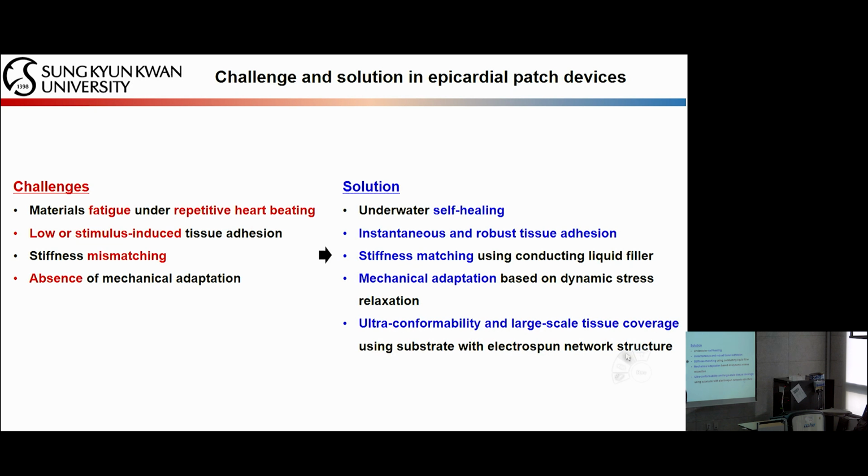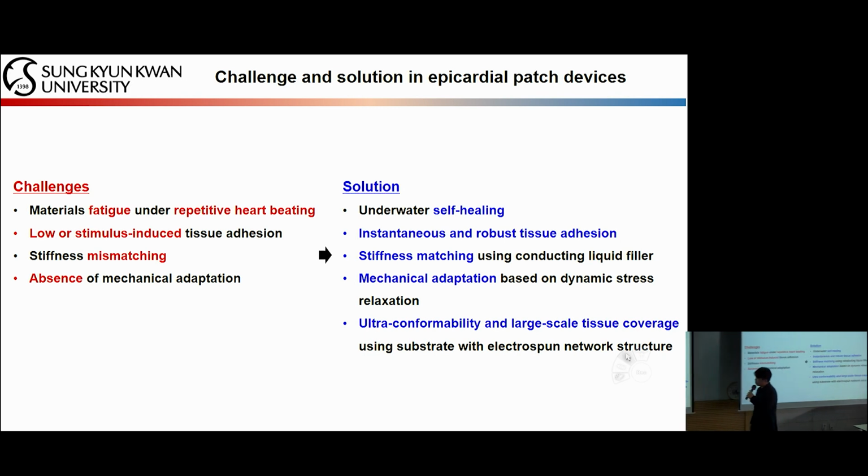Here are our solutions: underwater self-healing, instantaneous robust tissue adhesion, stiffness matching and mechanical adaptation, ultra-conformability, and large-scale tissue coverage for achieving translational research or even clinical study.